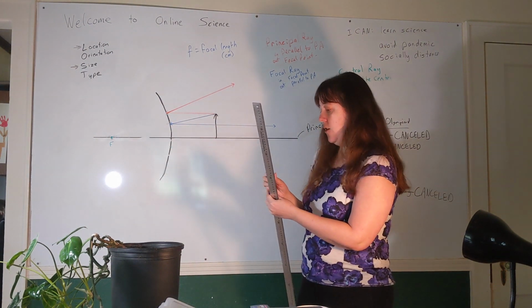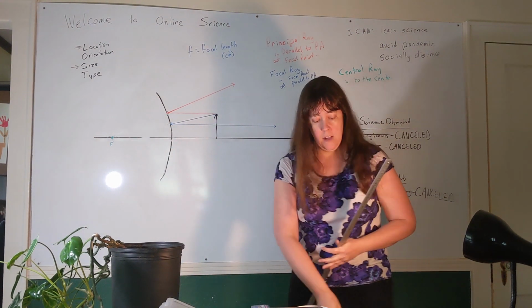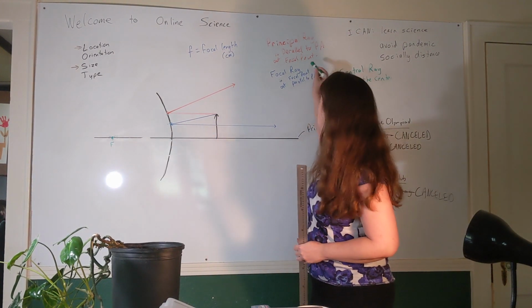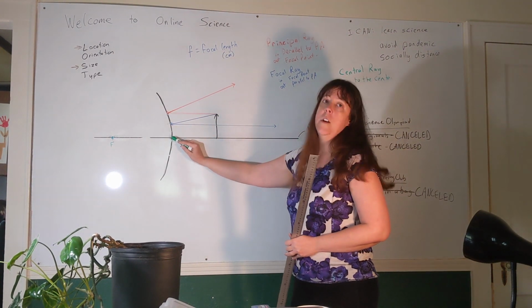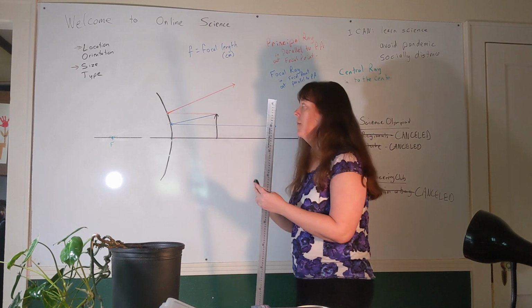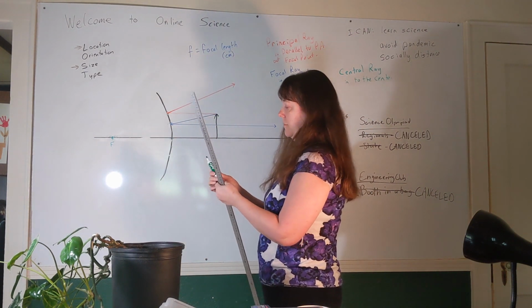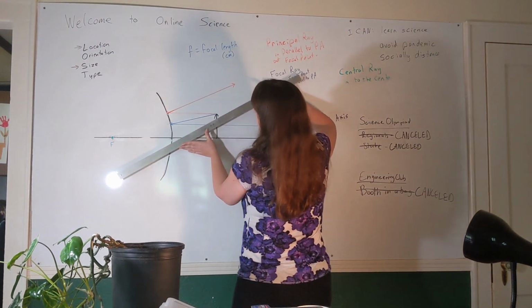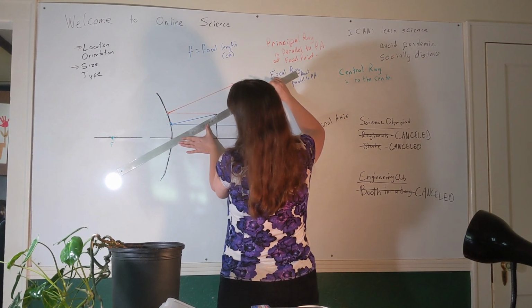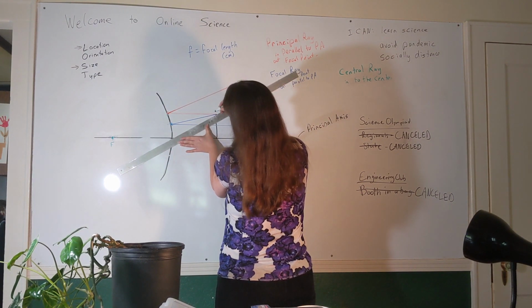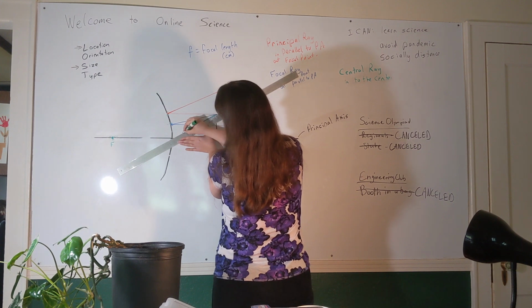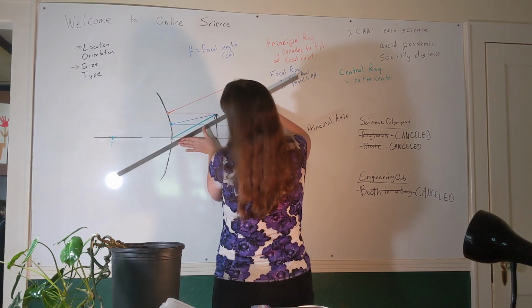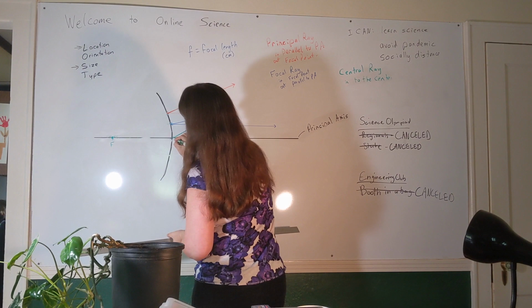All right, the last light ray that we'll draw will be the central ray. The central ray comes in to the center point, the point where the principal axis meets the mirror. And it's going to bounce off with the same angle below as it has above.